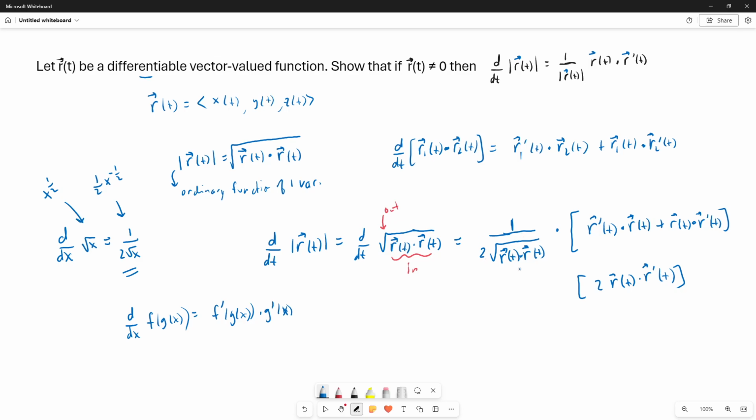And then when we multiply that by this one, the 2's cancel, and we get 1 over this square root, but the square root of r dot r is the magnitude of r. So magnitude of r, and then the 2 canceled, and we have r dot r prime.